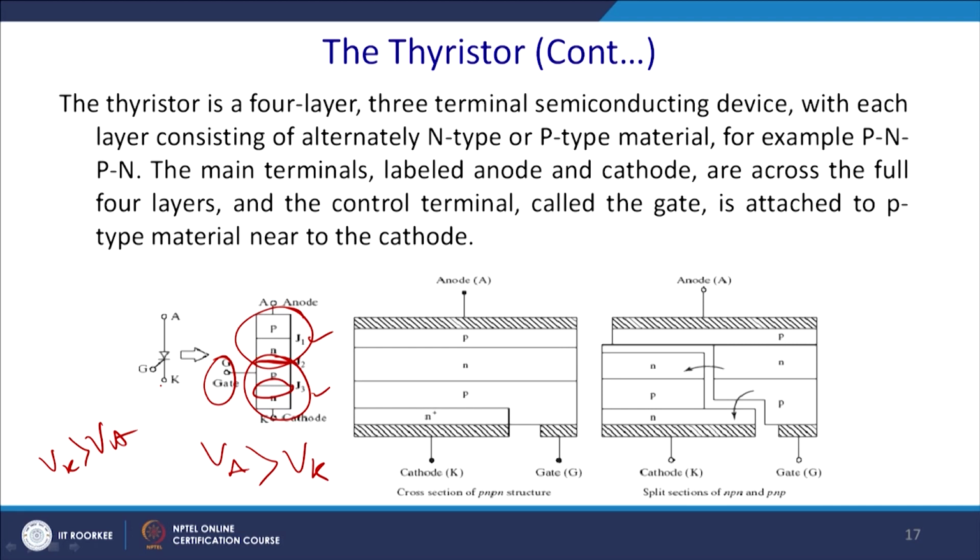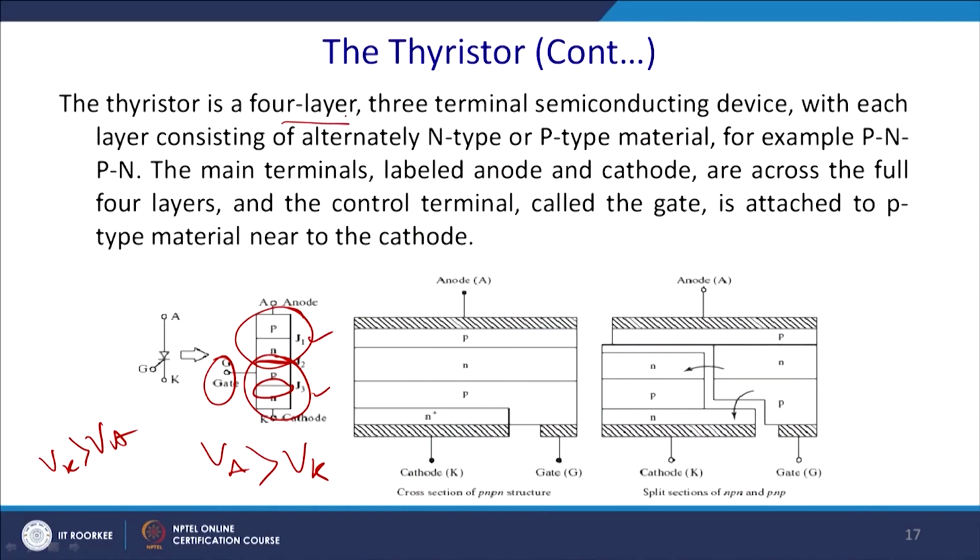You can inject external current that will break down the junction barrier of J2, and it comes into the forward conduction mode. Please mind it, never give a gate trigger while VK is greater than VA, it may damage the thyristor.